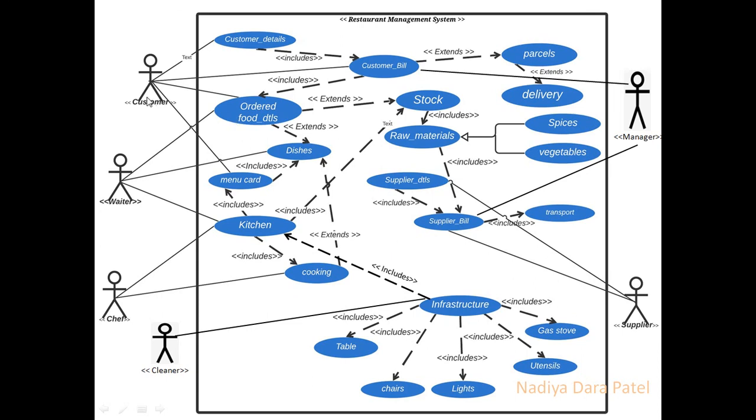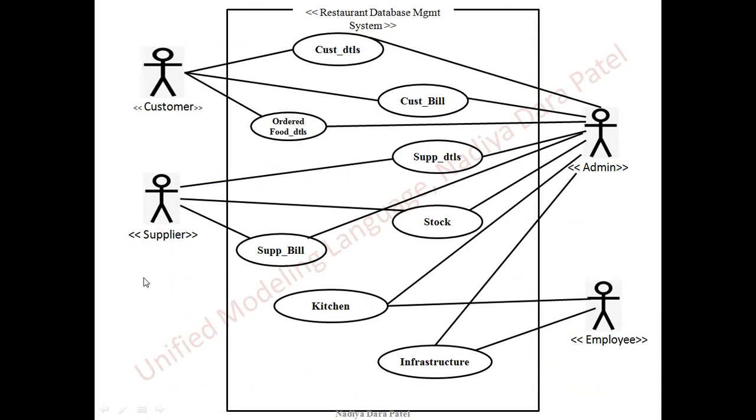Initially we had our customer, waiter, chef, cleaner, manager, supplier. Now I have kept my customer, I have kept my supplier, I have taken employee who is going to be working with the related use case, and I have kept admin who is going to manage all the use cases.